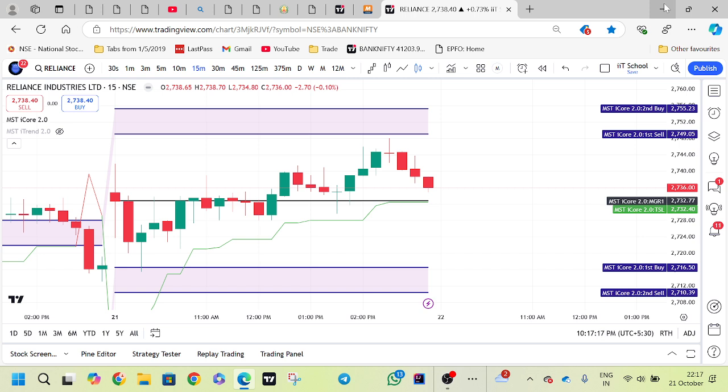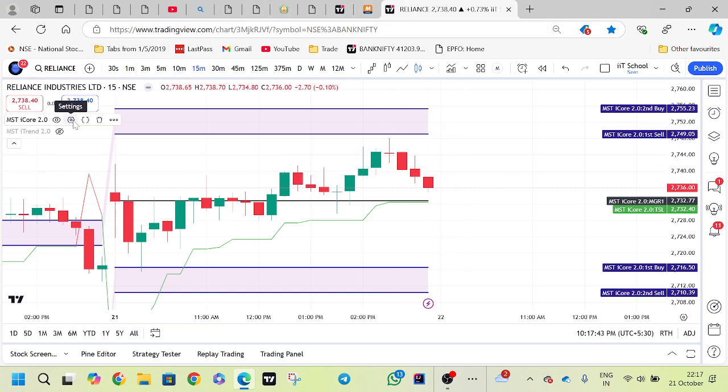So whoever is holding their shares will get an equivalent amount of bonus before Diwali comes. Now let us see whether it is possible to trade this stock using our MSD iCore 2.0. After knowing this information from the press, I just chose Reliance Industries and applied our indicator.